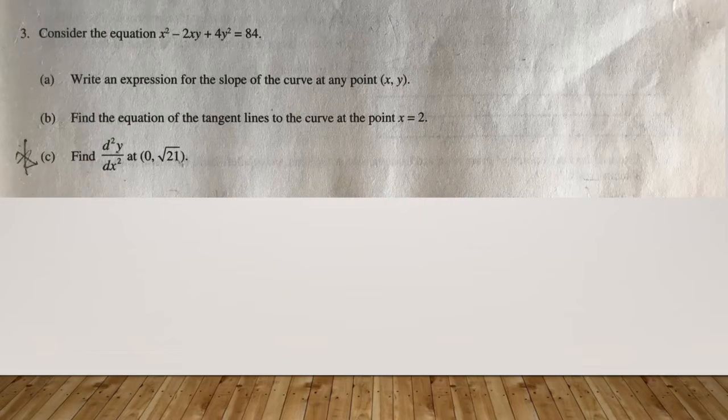Question C. Find the second derivative of function dy over dx at the point 0 and the square root of 21. So we have to use the implicit differentiation again. So dy over dx is y minus x over 4y minus x. So use the quotient rule.